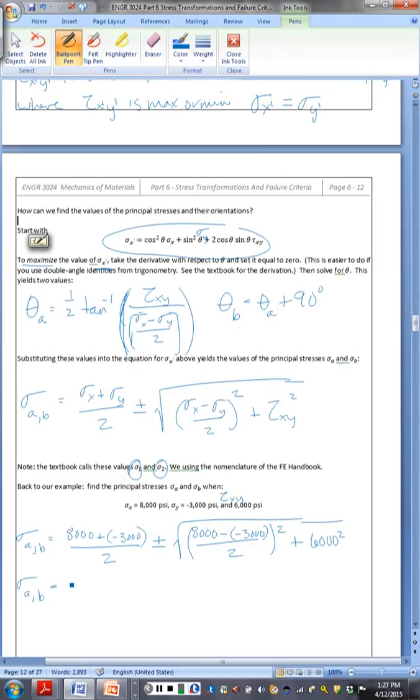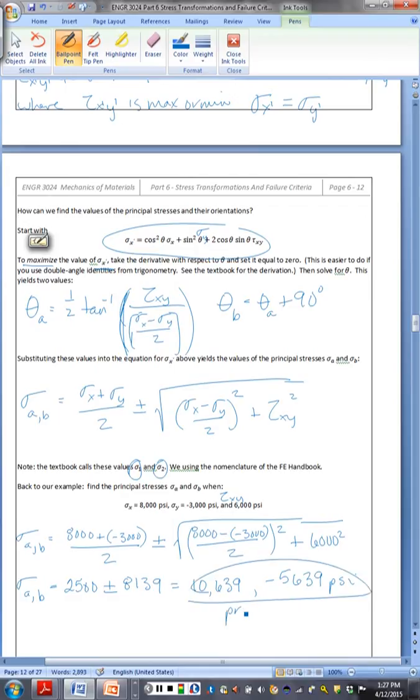This ends up with 2,500 as the mean value, plus or minus 8139. So we end up with two values, one of which is 10,639 and the other is minus 5639 psi.